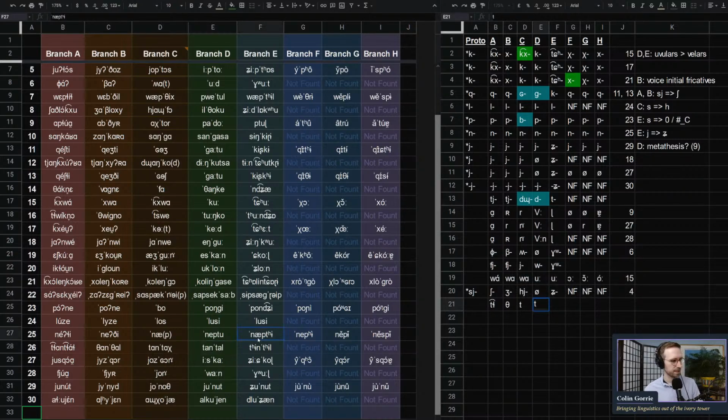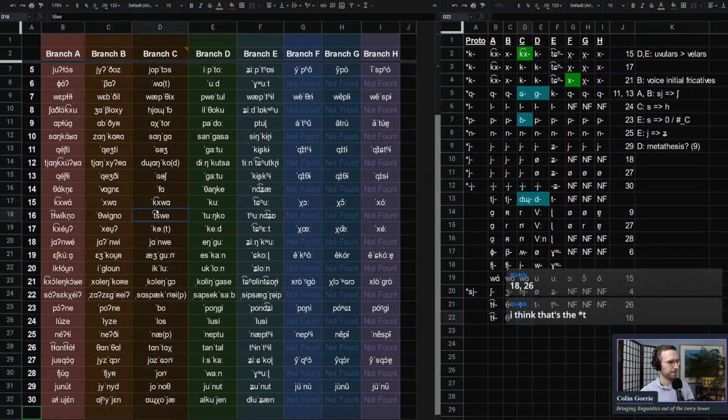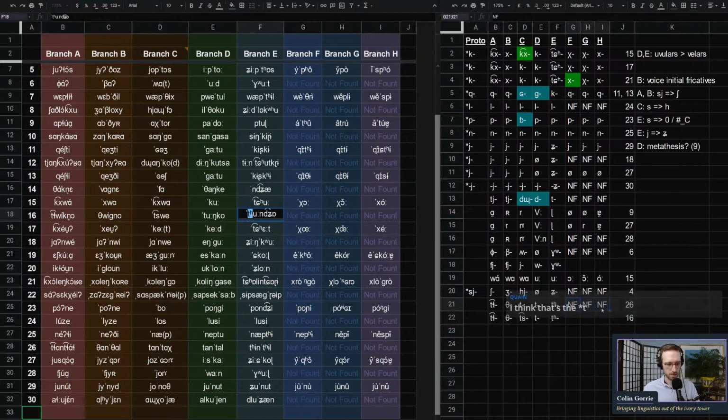So we have T, T, T, and then aspirated T, and then some not founds in 26. And we have something like this going on in 16 as well. We have tla, tha, then we have tswa or tsa here, ta, and then we need some not founds.